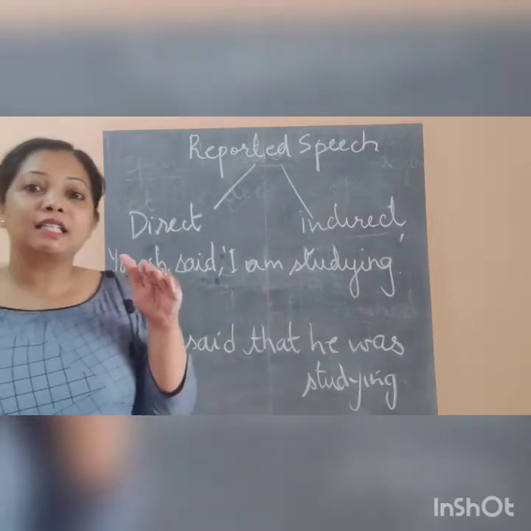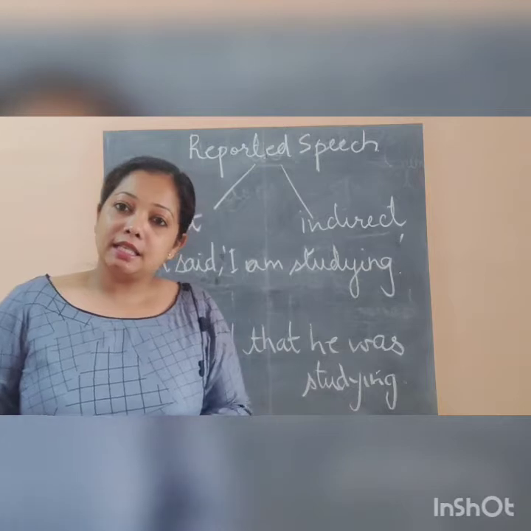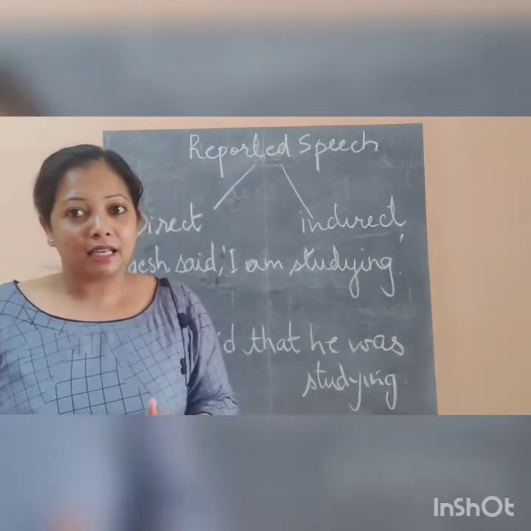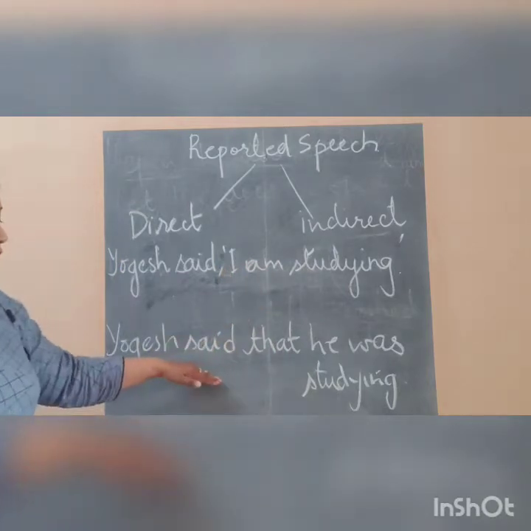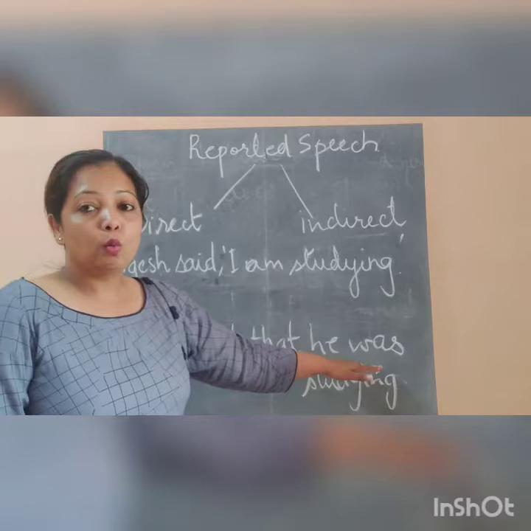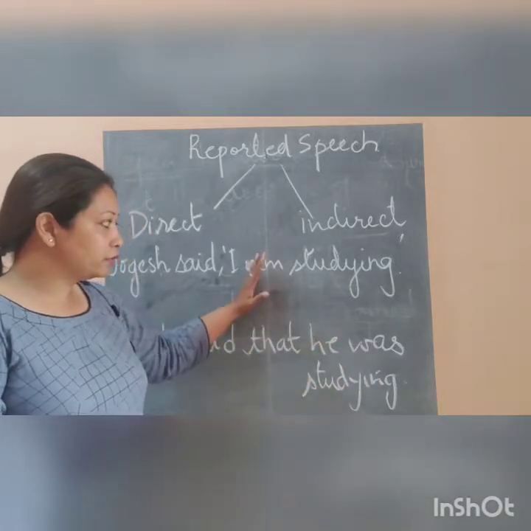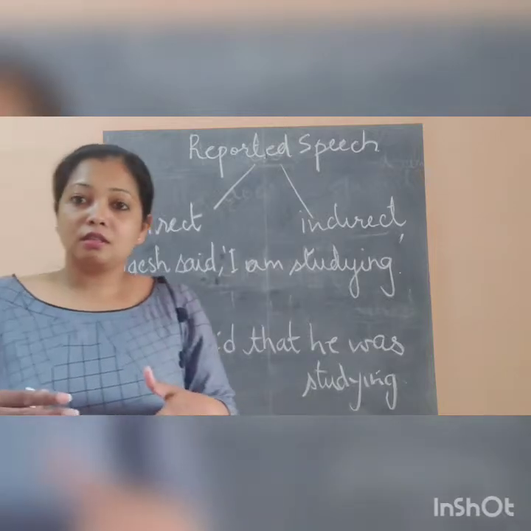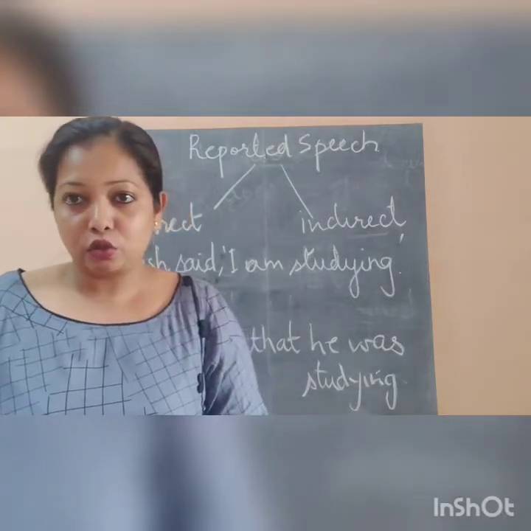So this is how you will identify that this is a direct speech and you have to change it to indirect. Now the second sentence you can see, Yogesh said that he was studying. Now I have removed the quotes. There is no comma. So this is indirect speech.